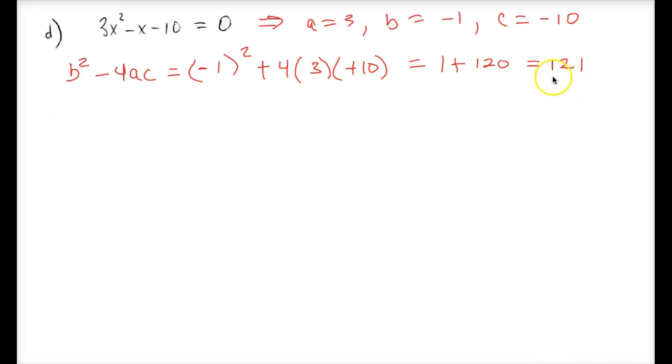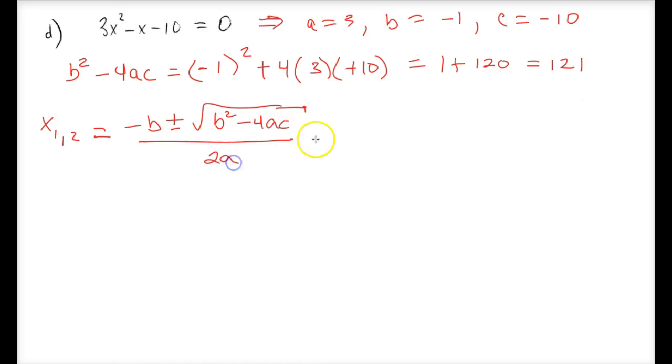All right, the discriminant is 121, so that means we're going to have two real distinct solutions. Using the quadratic formula now: minus b plus or minus square root of b squared minus 4ac, all over 2a.